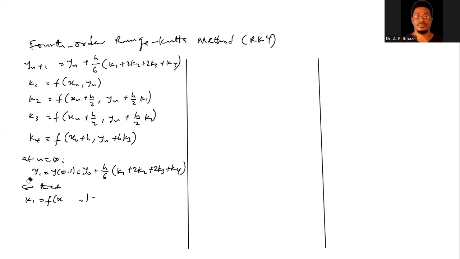Let's place that in the derivative form. At this level we know our initial conditions, so this will be the same as f of (0, 1). And then recall the equation: this will give us 0 plus 1, which is equal to 1. So k1 is equal to 1.